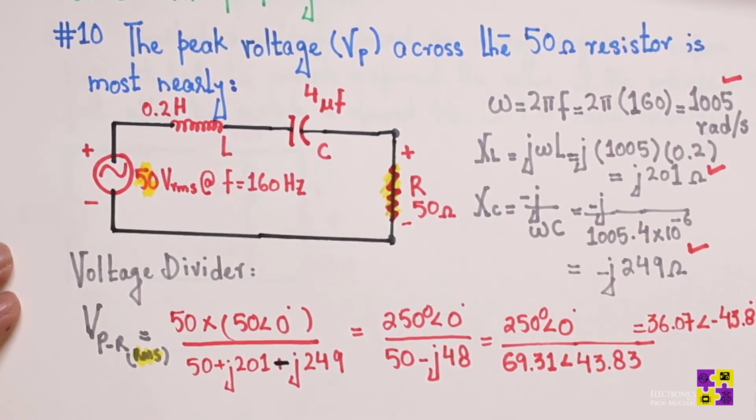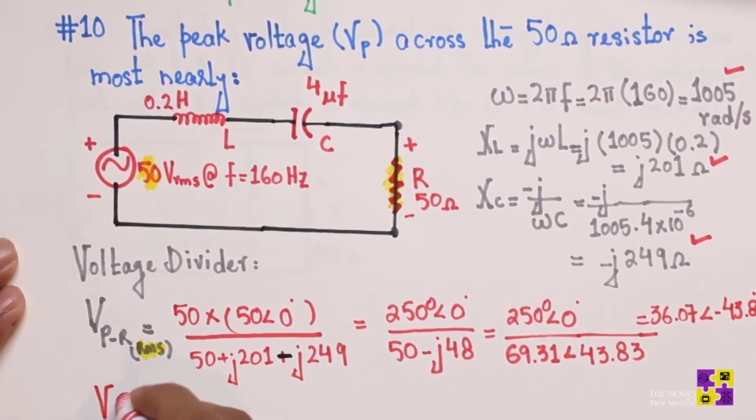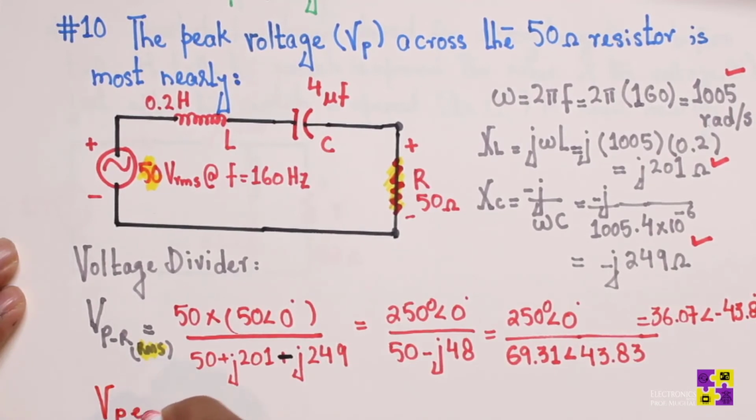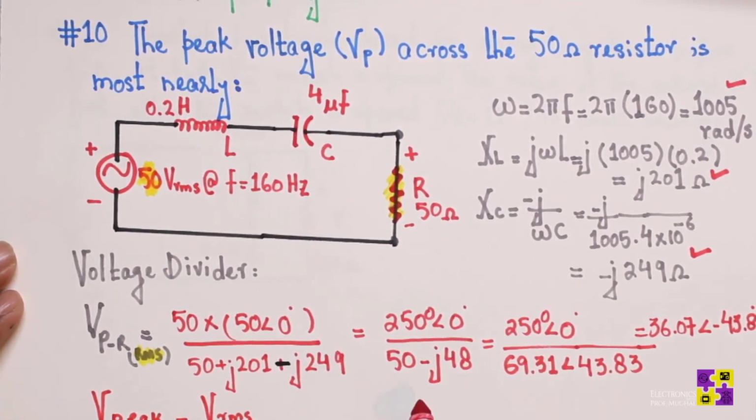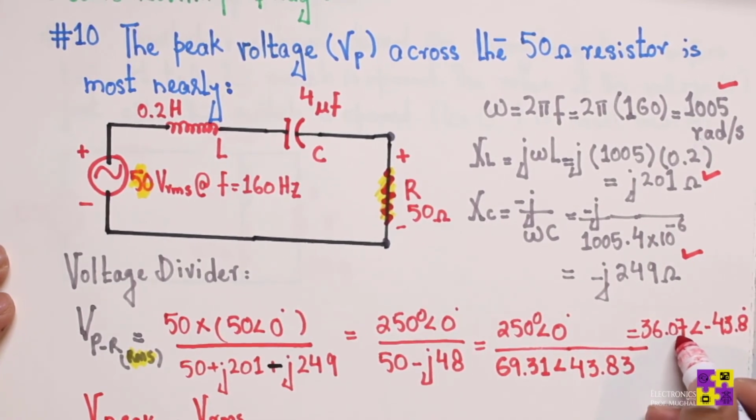Okay, now that I have this, remember this is VRMS, so all I need to do is convert that into V peak. Whatever the VRMS value is, you divide it by 0.707. So the VRMS value is 36.07.